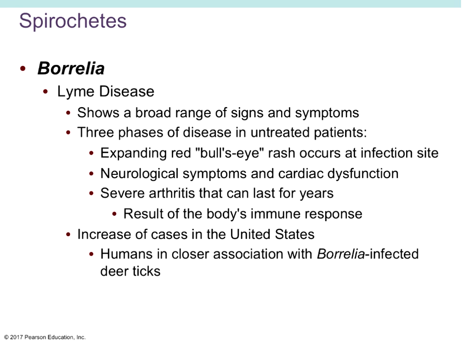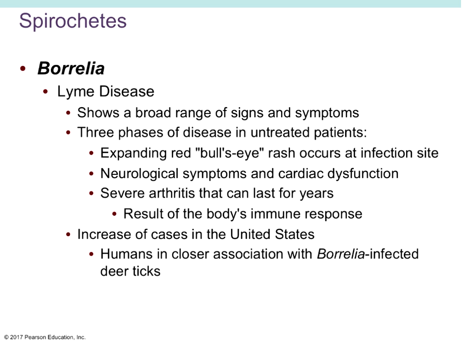We have that bullseye rash, that's kind of a characteristic, and it doesn't happen in all patients. But when we do find that, that's usually a nice little, yep, this is Lyme disease. We can have neurological symptoms and cardiac dysfunction. Severe arthritis can last for a very long time, actually for years, and that's a result of the body's own immune system trying to deal with the infection.